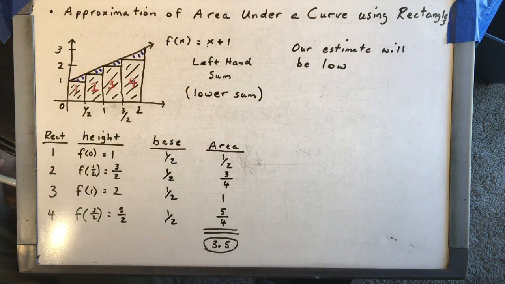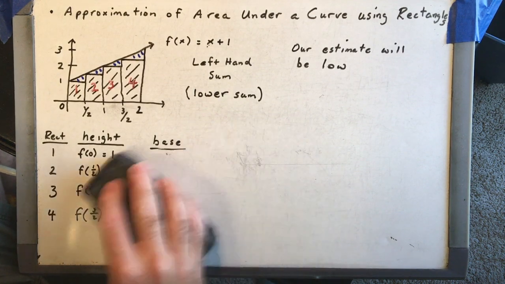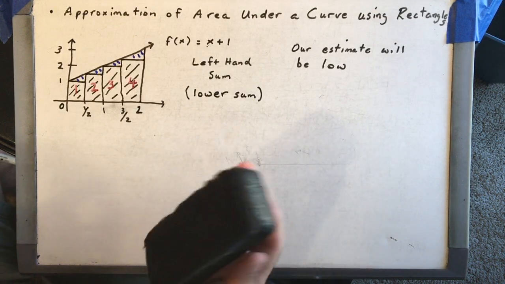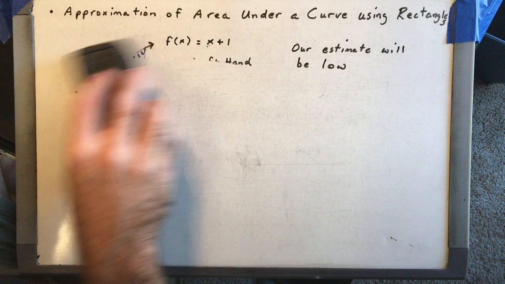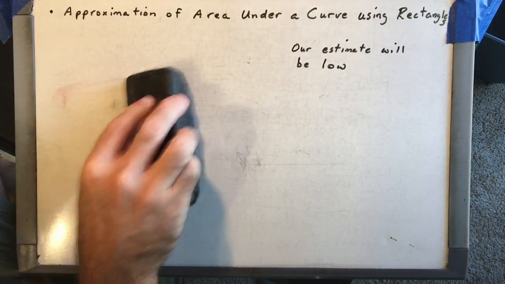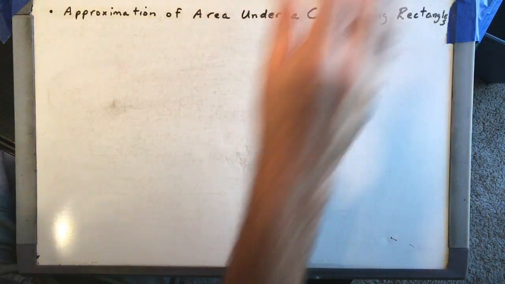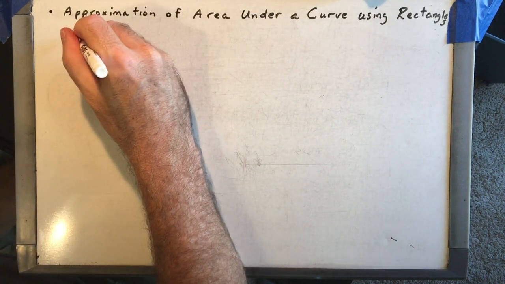We're going to do the same thing with an upper sum. So pause the video if you need to. All right, I'm going to redraw this. Oh man. This exact same function, we're going to find the upper sum.